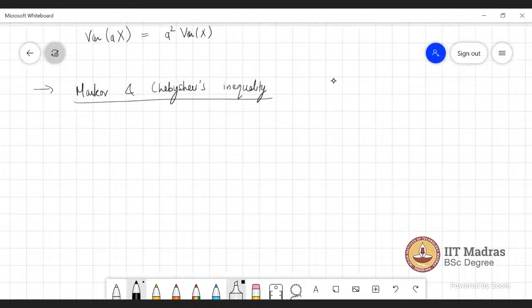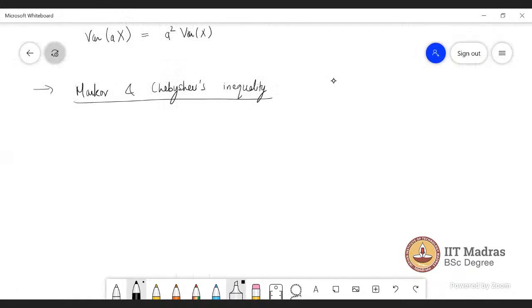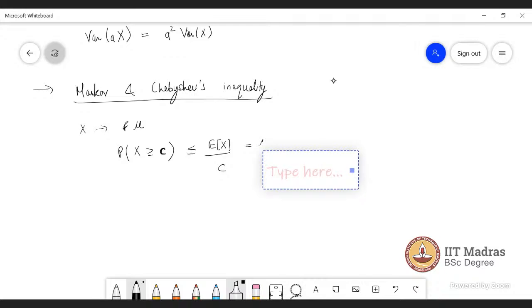So what the Markov inequality says is, if you have a random variable x with expectation, let's say mu, then the probability that x will be greater than or equal to some real number c will be less than or equal to the expectation of x divided by c. So this expectation of x here is mu by c.